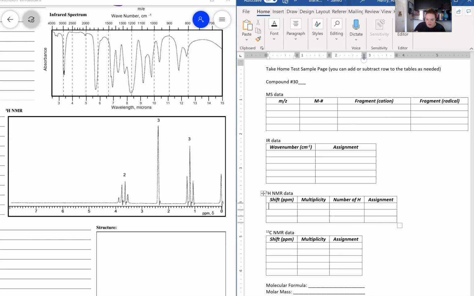So right here, that's 1.2 for that first peak. The multiplicity of that first peak is a triplet because it contains 3 peaks. And the number of hydrogens is 3. I know it's a triplet because of the shape, and I know it contains 3 hydrogens because it literally tells me right there.